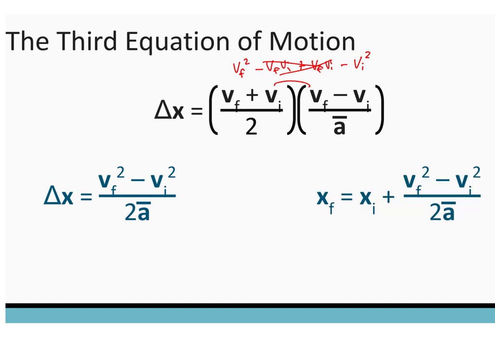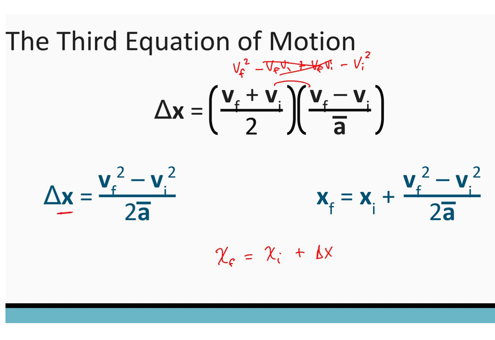All right. Remember that long one we just did? X final was my initial plus my change in x, right? To find your final position, it's where you started plus your change in position, right? Well, now I've just redefined my change in position, correct?